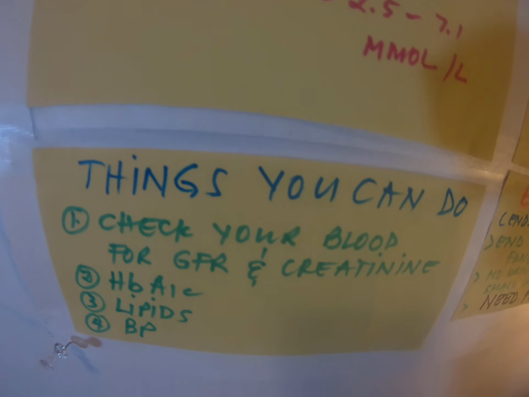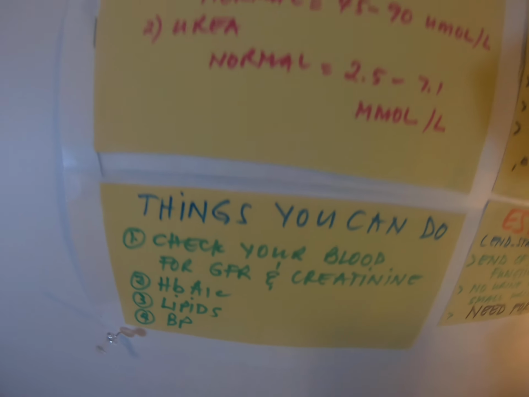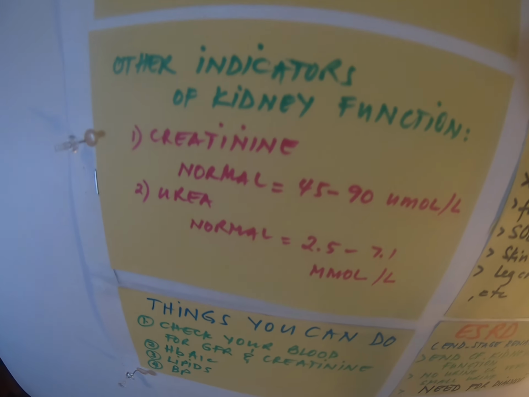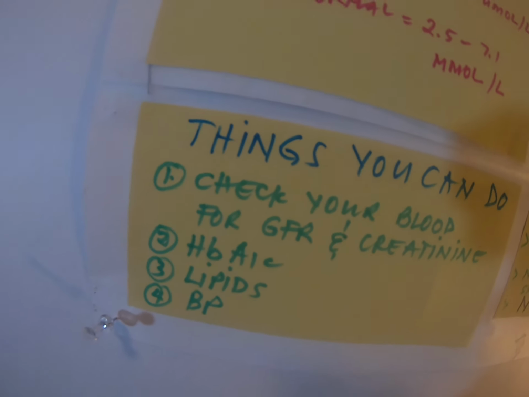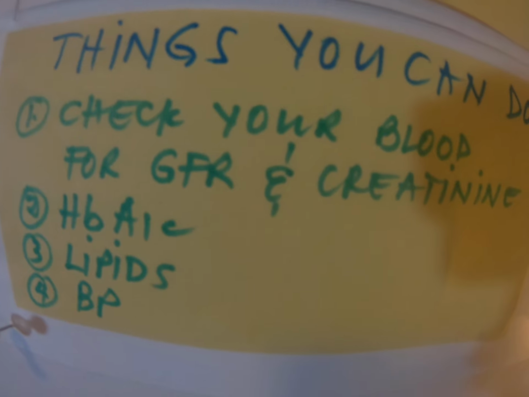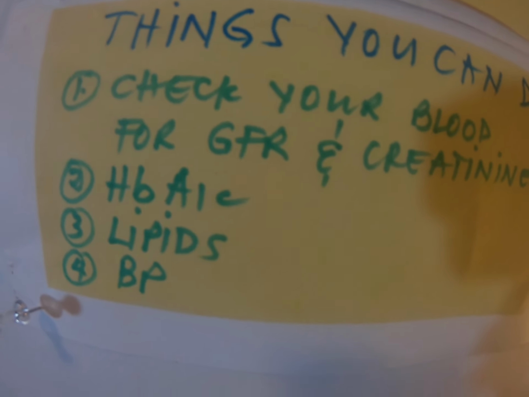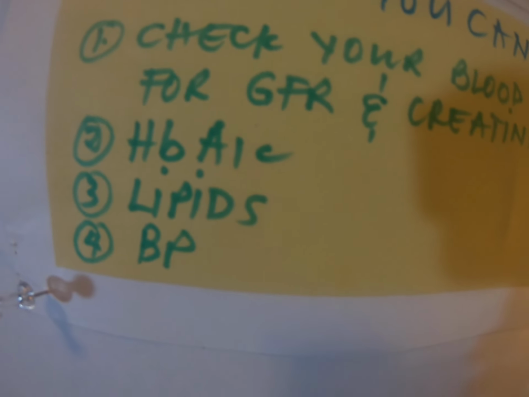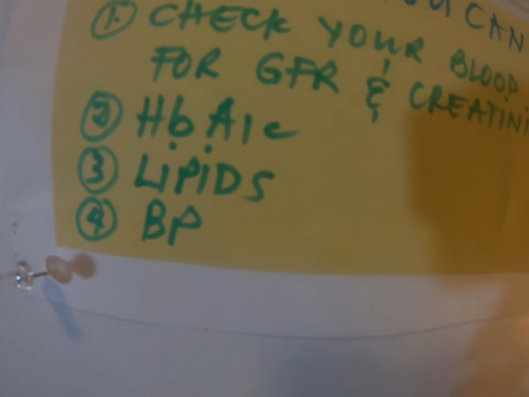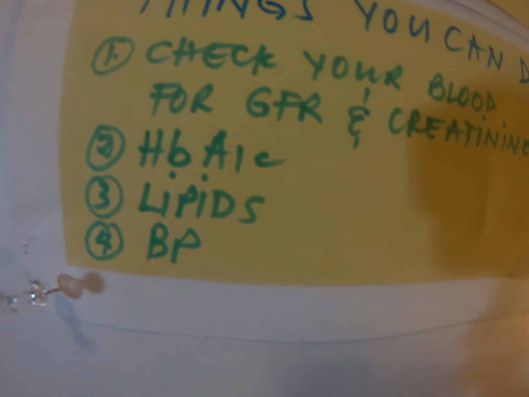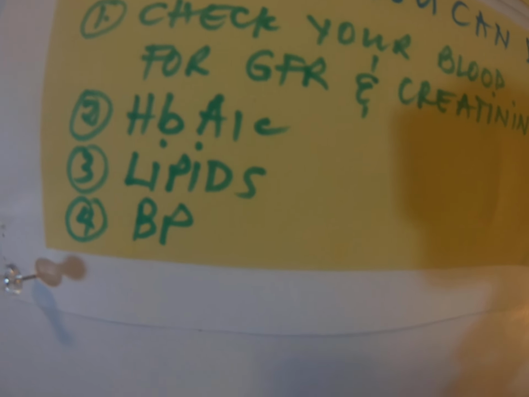Okay, so what are the things we should do to keep ourselves healthy, so that as early as possible we will be able to reverse the problem? Check your blood for GFR and creatinine, so you know the level of your kidney function. Next, hemoglobin A1C. If you're having a little bit of a sugar problem, it's better to have this so they can see the average of 3 months of your blood sugar.